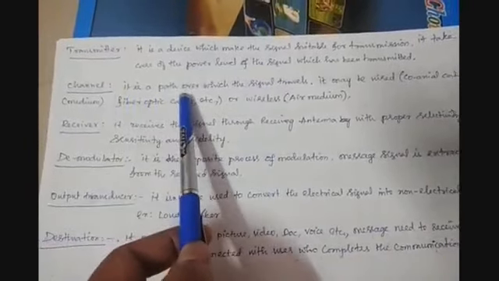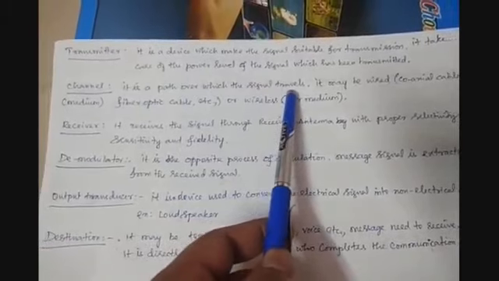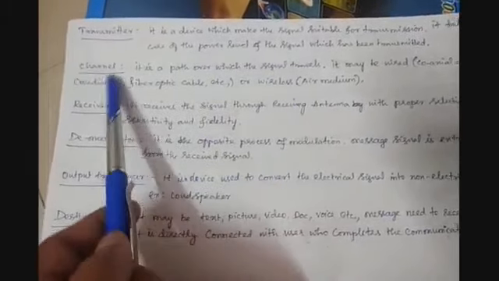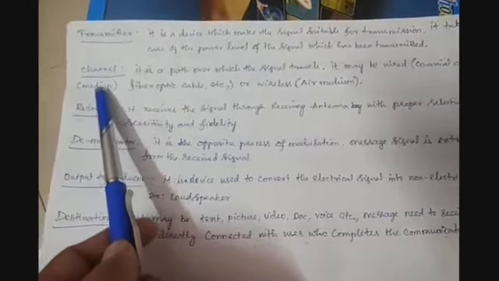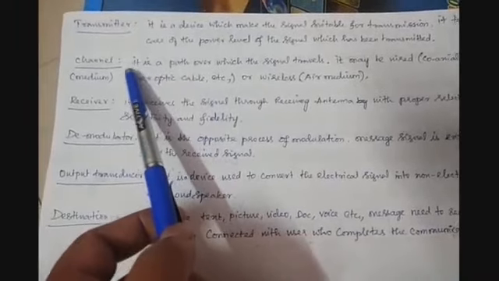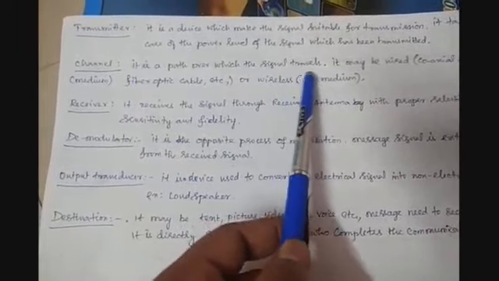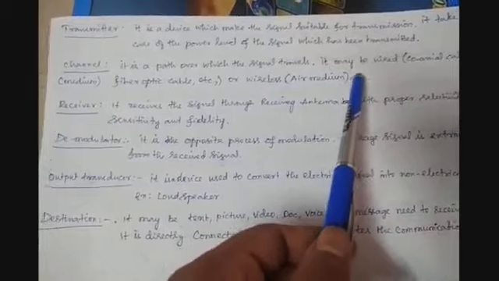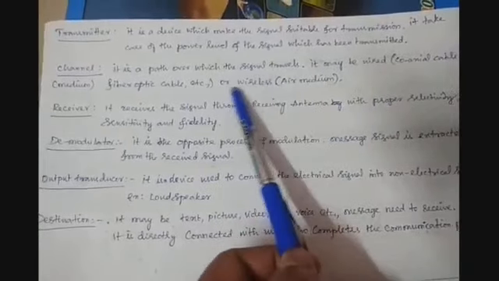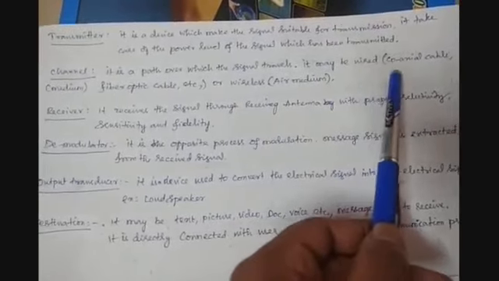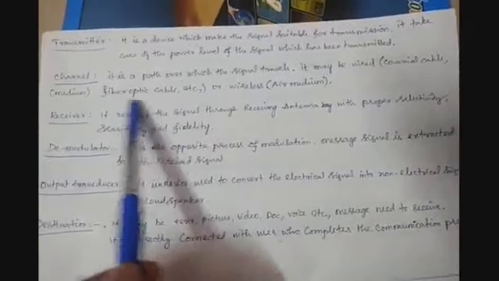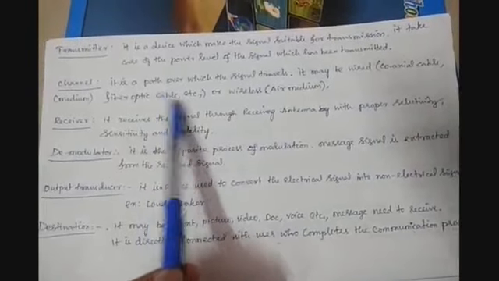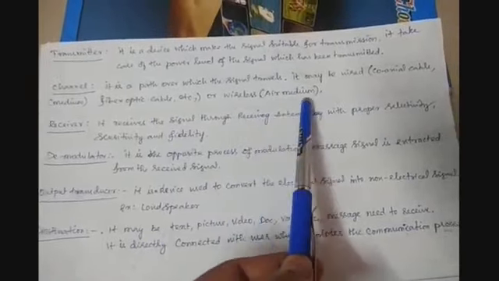Channel. It is a path over which the signal travels. We can say channel or medium. It may be wired or wireless. Wired means, for example, coaxial cable, fiber optic cable, etc. And wireless means air medium, we know.